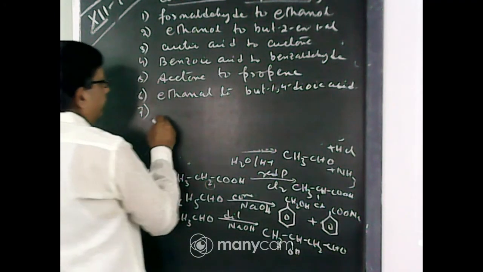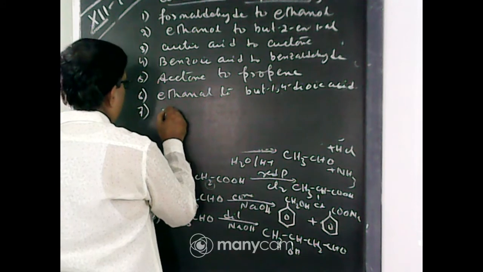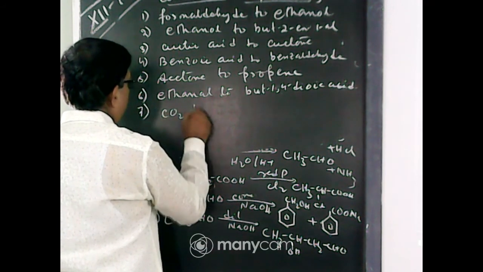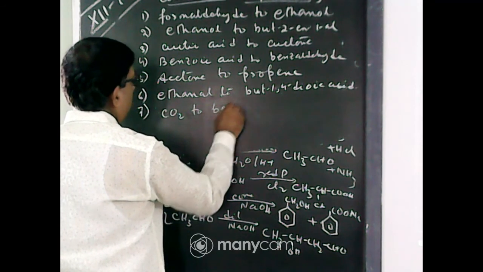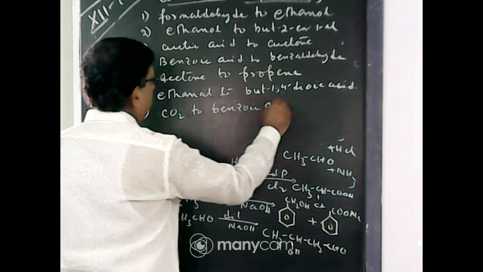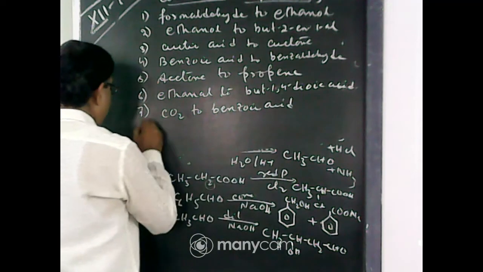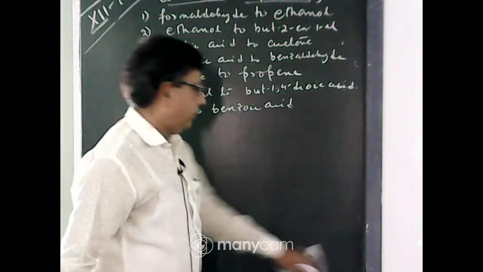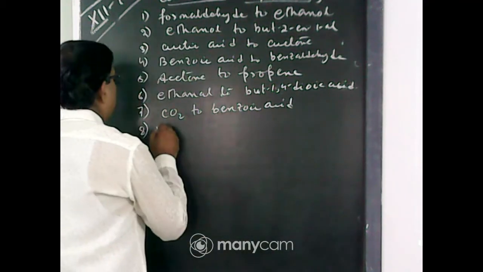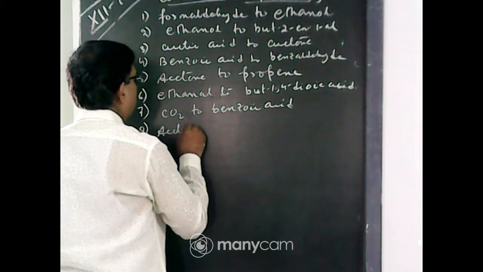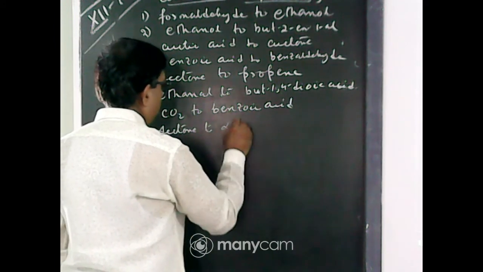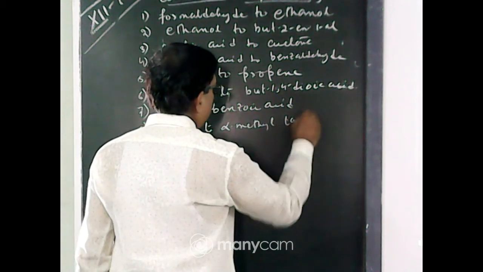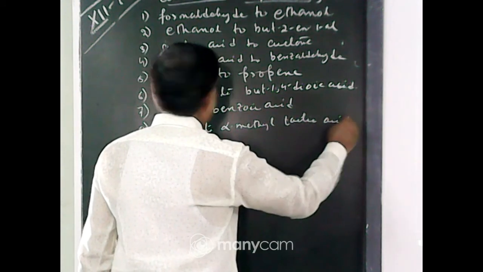Number 7, carbon dioxide to benzoic acid. And number 8, acetone to alpha methyl lactic acid.